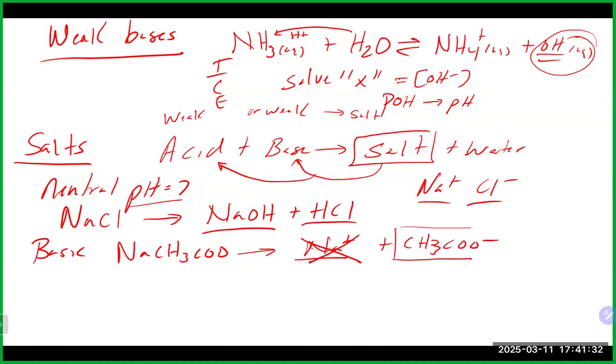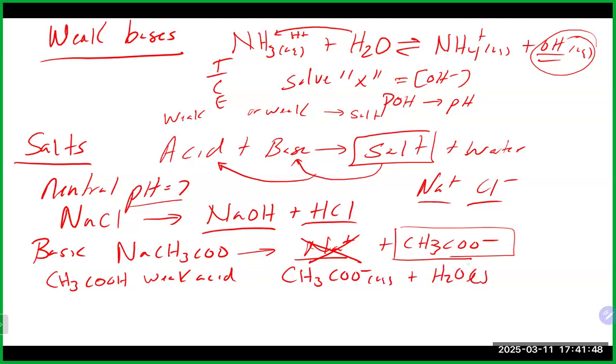But our acetate here did come from acetic acid, which is a weak acid. So this acetate will continue to react with water. And as we talked about before, if you identify where it came from, it came from an acid, which means the acetate here will act as a base when it reacts with water. Again, a conjugate base, basically.